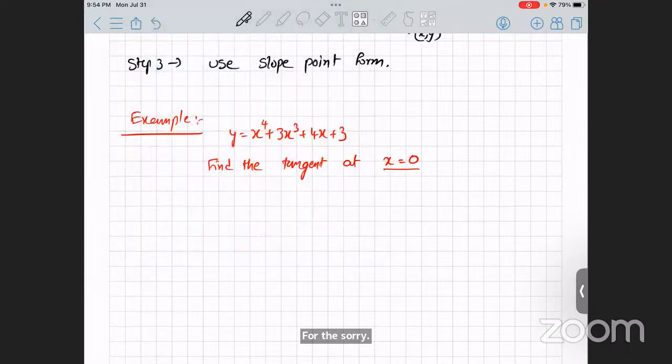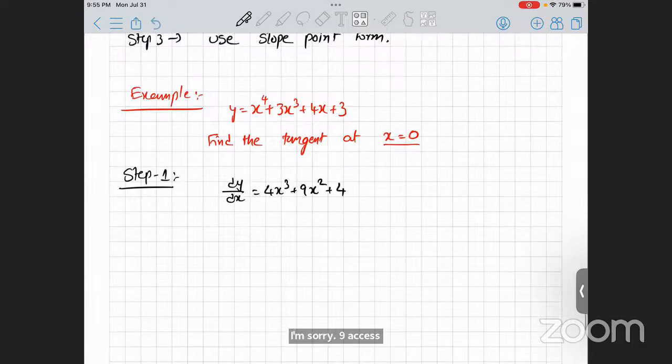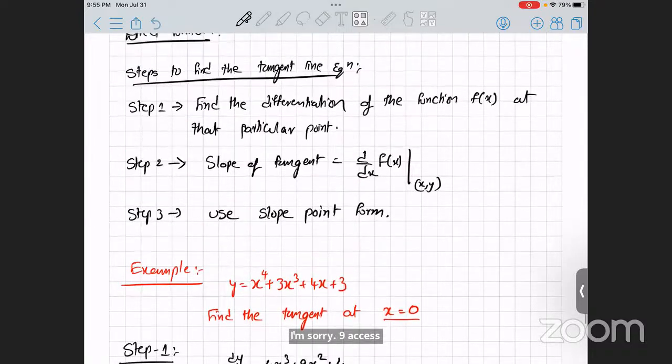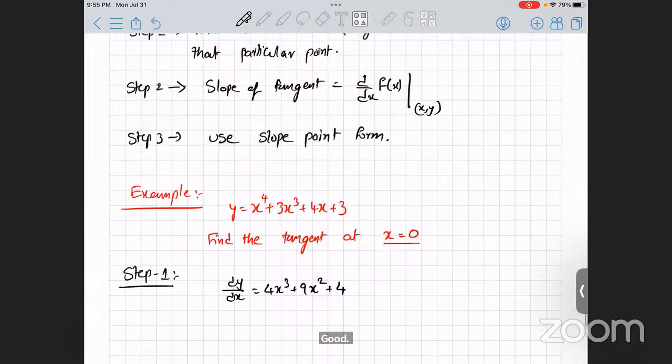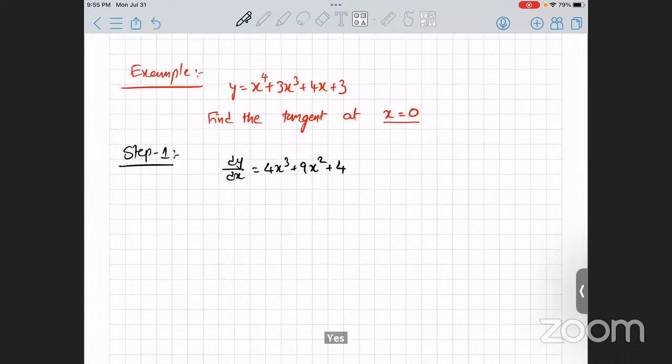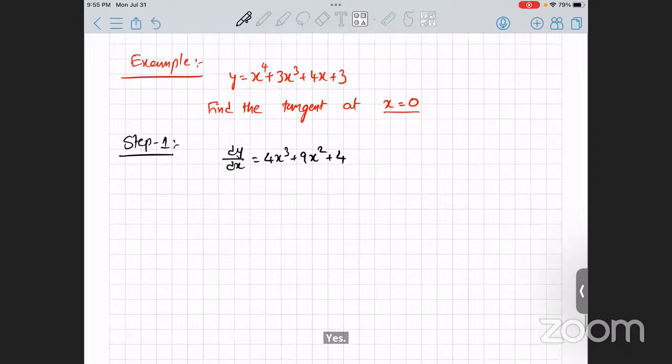Look, step 1. Find the differentiation. dy by dx is equal to 4x cube plus 9x square plus 4.